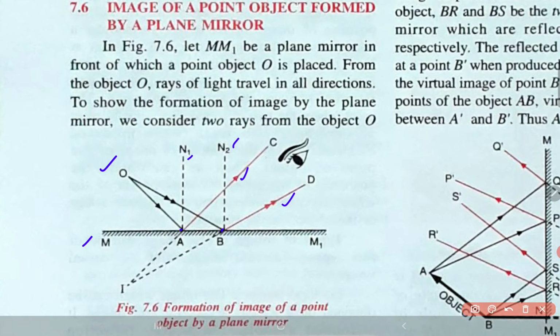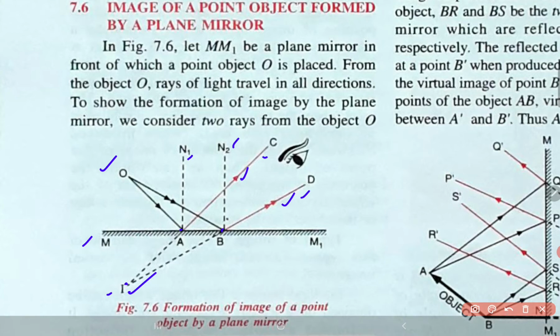Now when we produce these red colored reflected rays back, they appear to come from this point, or they meet at this point, so the image is created here. This is a virtual image because the rays are not actually meeting; they appear to meet at this point I when produced backwards. Remember, this distance and this distance are always equal, which we'll understand afterwards.